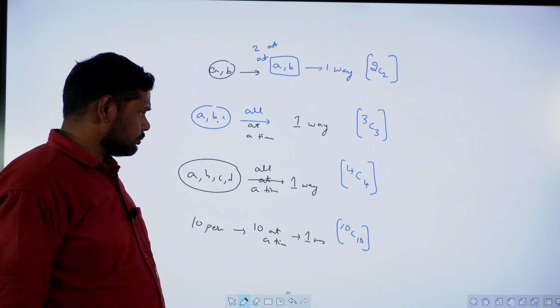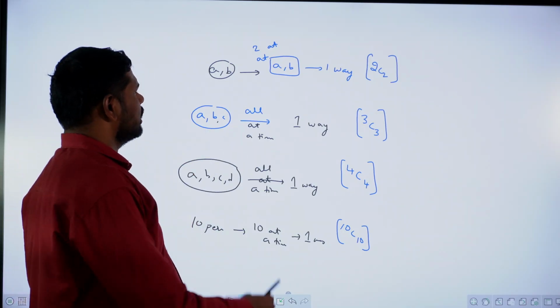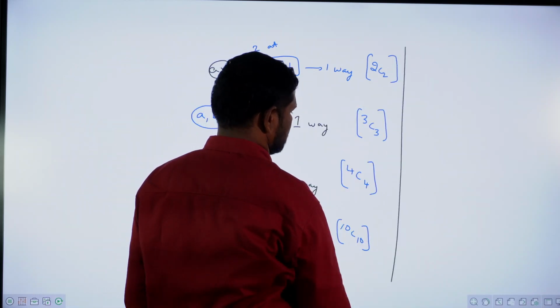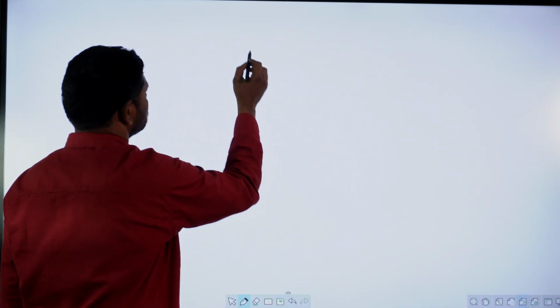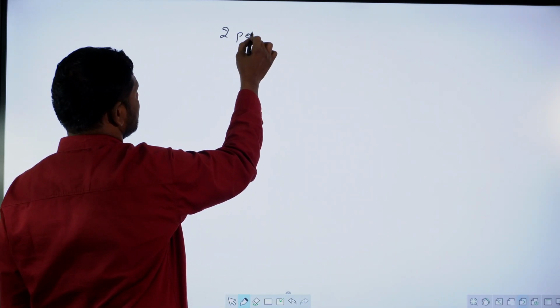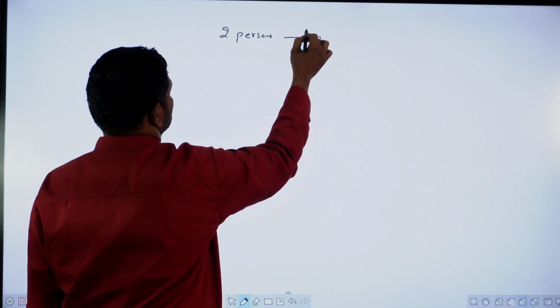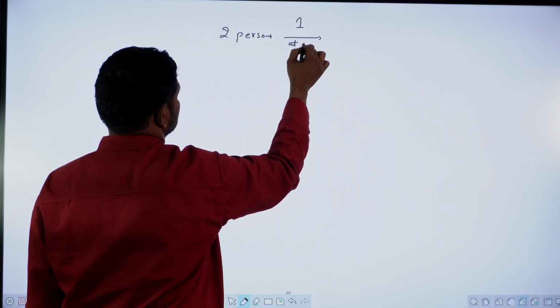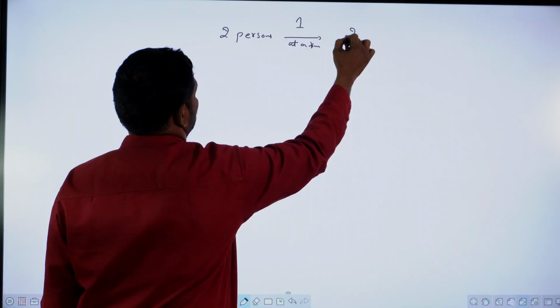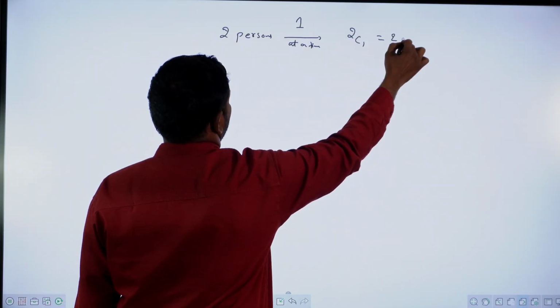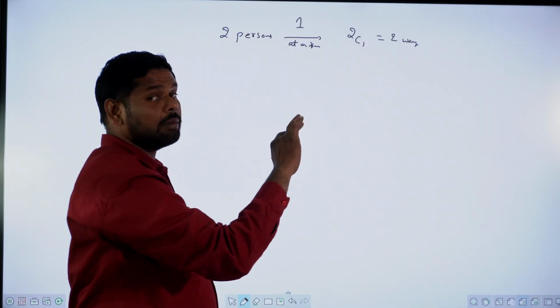Suppose there are two persons, one at a time, 2C1, two ways. A separately and B separately.